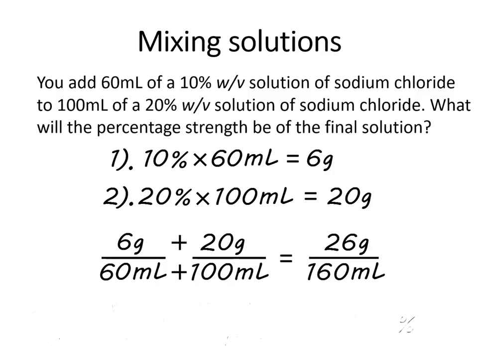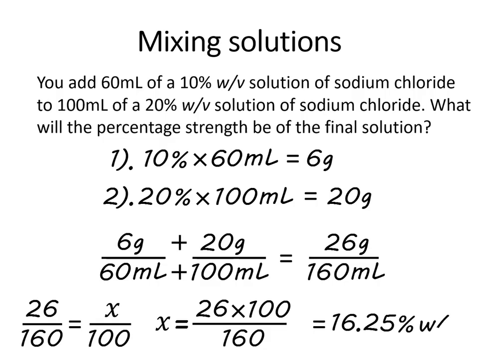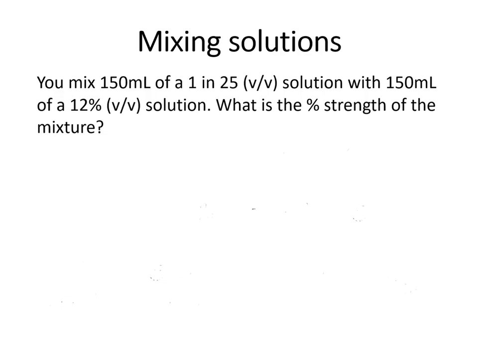We can now use a proportional set to convert this to a percentage. 26 parts over 160 parts is going to be equal to x parts over 100 parts. Transposing for x, this gives us 26 times 100 over 160 for a final answer of 16.25% weight in volume.